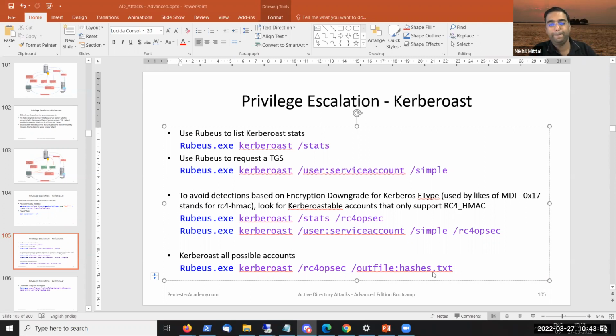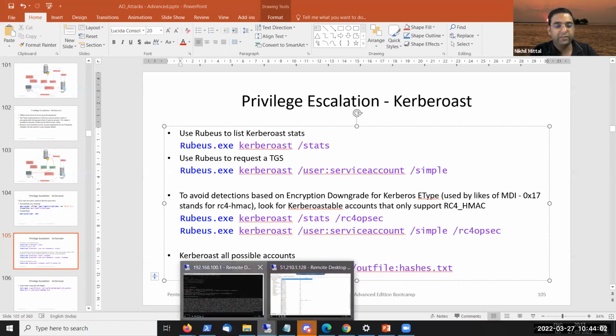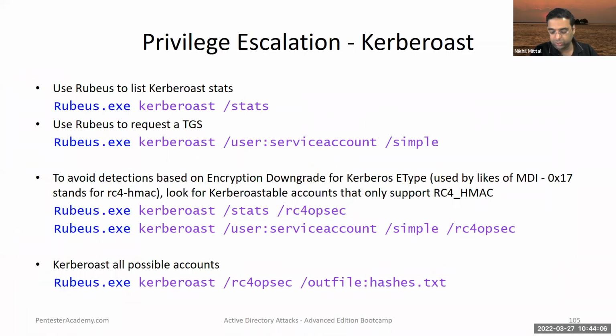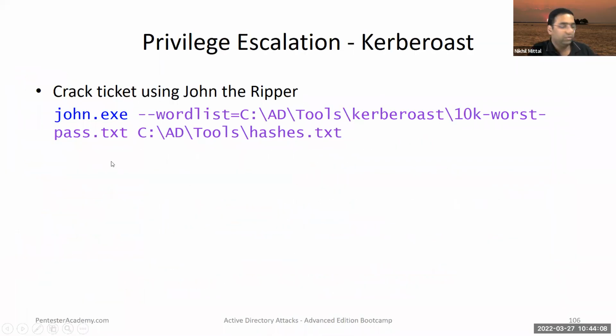All right. So now we will save this. Once we have this hash in a file, what are we going to do? We can pass it to hashcat or John the Ripper to brute force it.